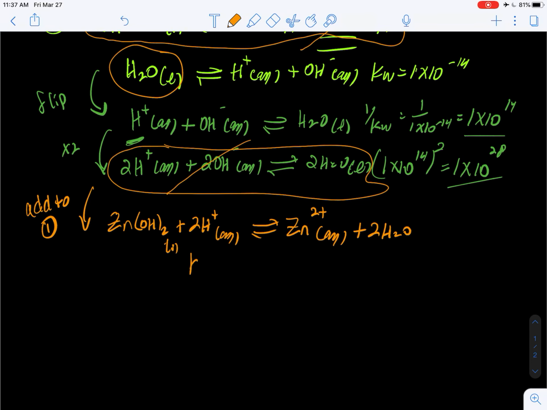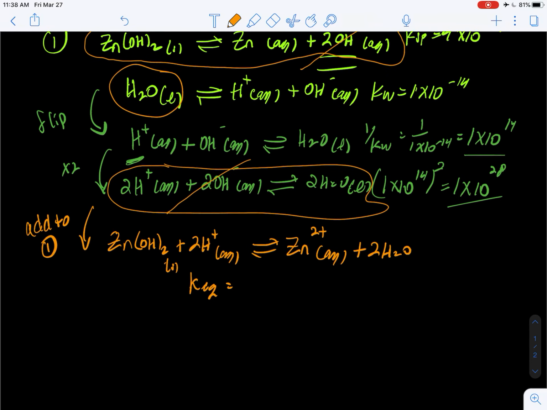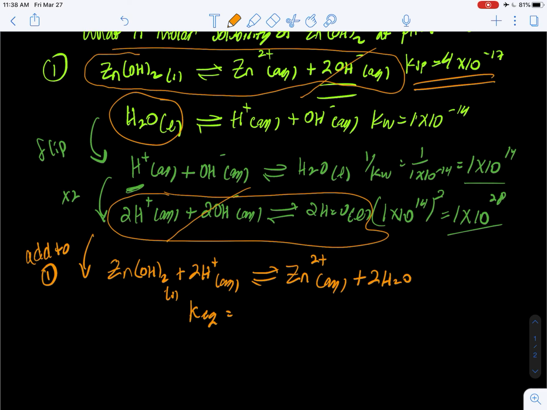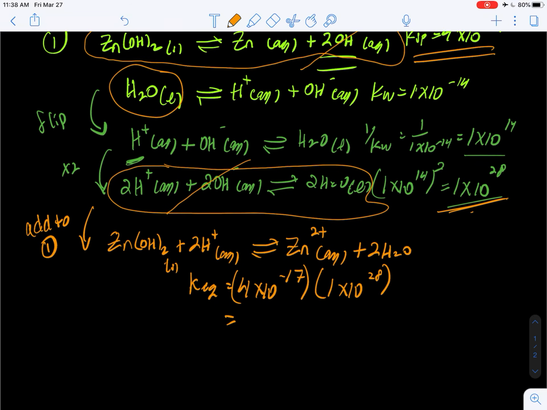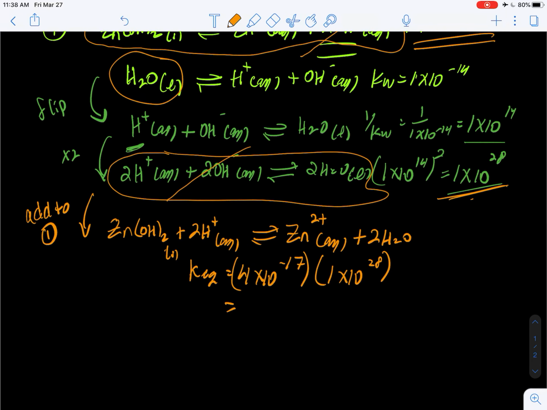The equilibrium constant here is, again, we're adding 2 equations, so we apply the product rule. The equilibrium constant is 4 times 10 to the minus 17 times 1 times 10 to the 28. And this will give us the equilibrium value for this net process, and that's going to be 4 times 10 to the 11.